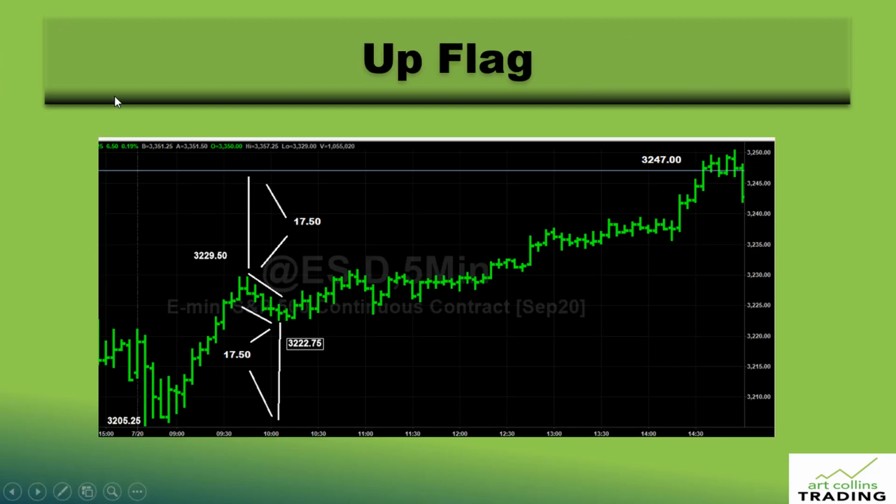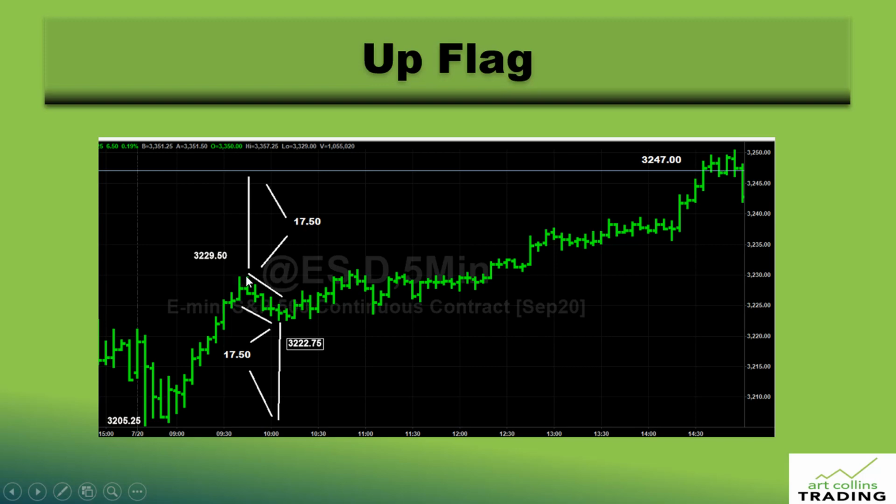So you see a good example of this here. Quick up move. Consolidates, sloping lower. So you can measure from the beginning of the move to the low end of the flag formed here between these lines. And you know what the low move is after the fact when it starts rallying again, takes out the high.